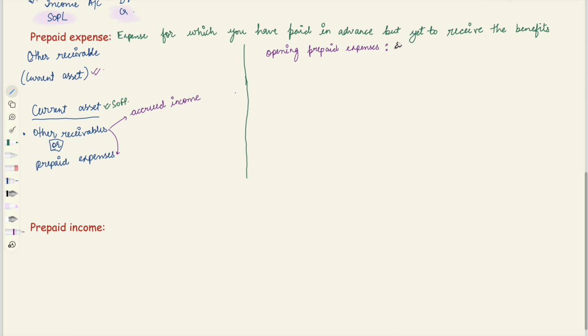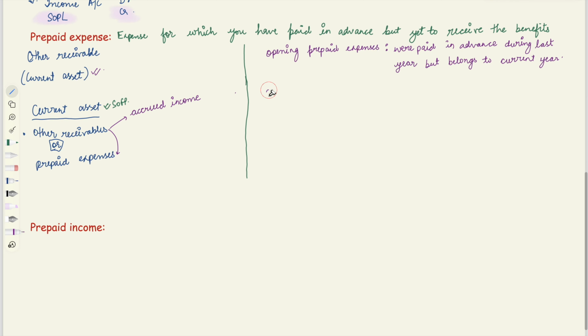What are opening prepaid expenses? Opening prepaid expenses are the expenses that were paid in advance during last year, but belong to the current year.